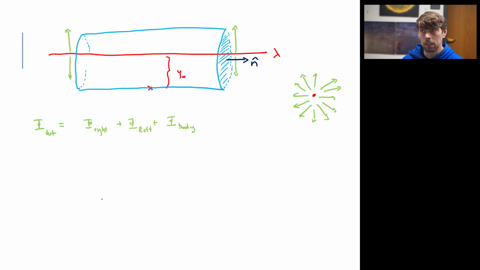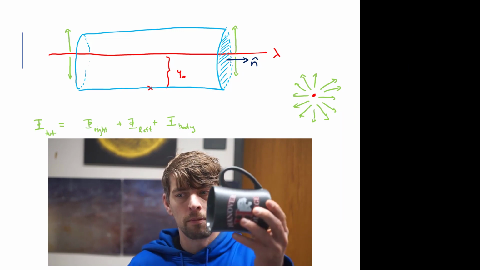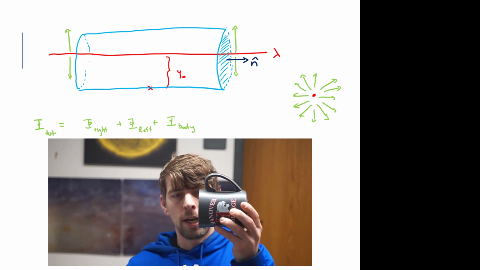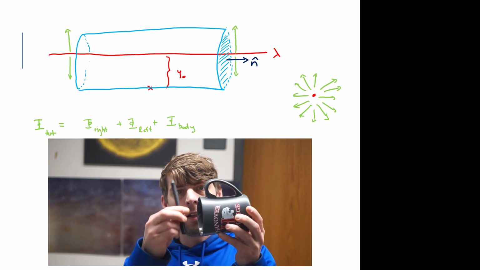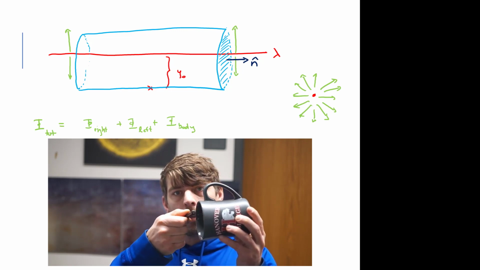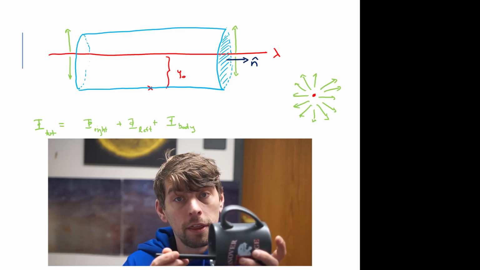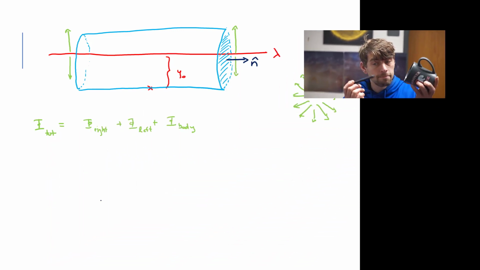But you notice immediately that the direction of normal is perpendicular to the direction of the electric field. In other words, my normal is this way, but my electric field is in this direction at any point. None of the electric field actually goes through that right end cap.